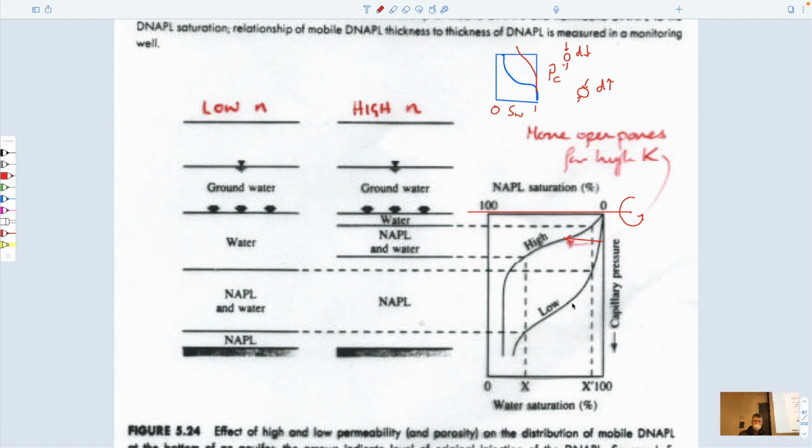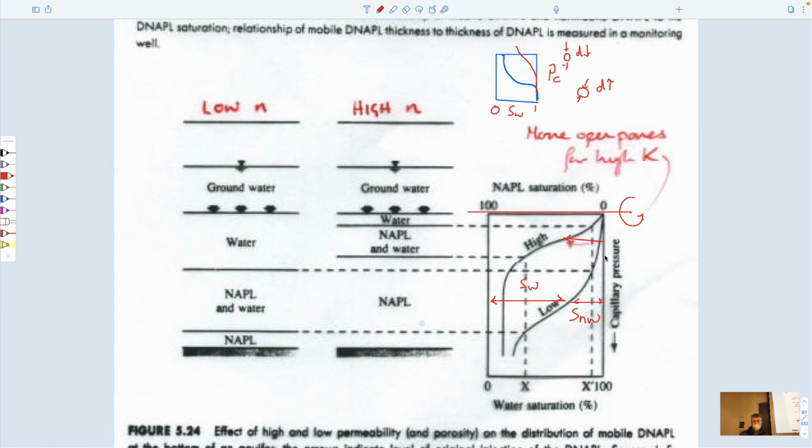This one, you would have water existing down to very deep depth, and only below this would be the non-wetting fluid, and this would be saturation of water.